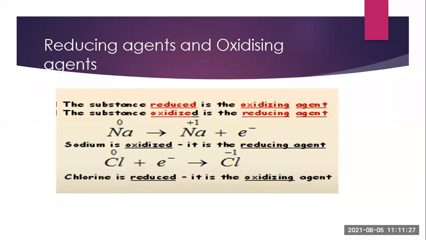For example, sodium is there. Sodium loses one electron, and after losing the electron, it will gain one positive charge, as you can see on the product side. Here sodium gets oxidized. Why? It is getting oxidized because it is losing the electron.